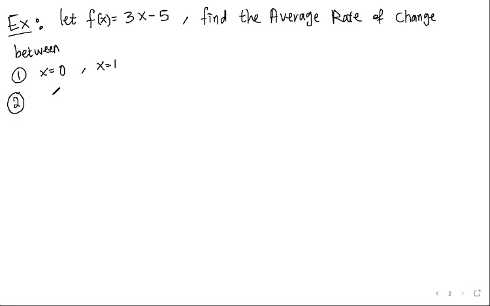Number 2, x equal 3, comma, x equal 7. Number 3, x equal a and x equal a plus h. We'll do the first one.